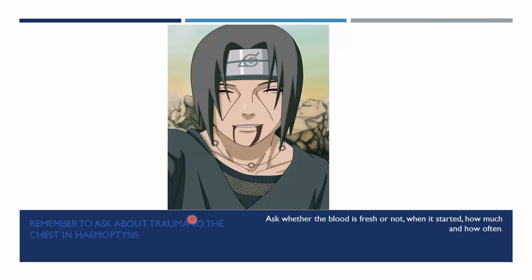So also remember to ask about trauma to the chest when you ask about hemoptysis. And when you're dealing with hemoptysis, you ask whether the blood is fresh or not, when it started, and how much and how often.